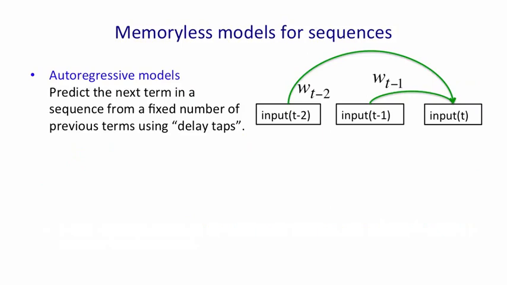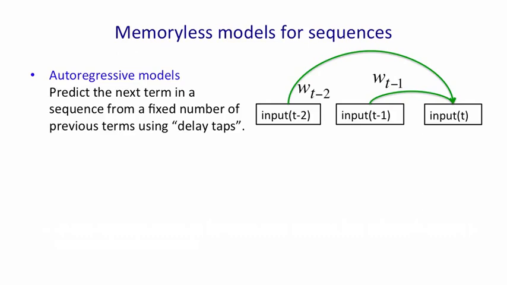So a nice simple model for sequences that doesn't have any memory is an autoregressive model. What that does is take some previous terms in the sequence and try and predict the next term basically as a weighted average of previous terms.